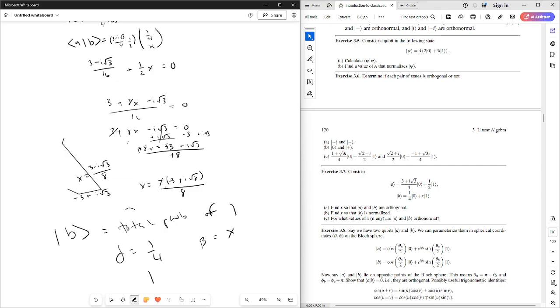So 1/4 squared plus beta squared equals 1. That's 1/16 plus beta squared equals 1. So beta squared is 15/16. Take the square root of that and you get square root of 15 over 4.